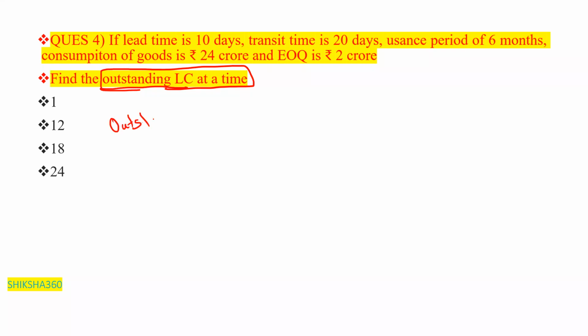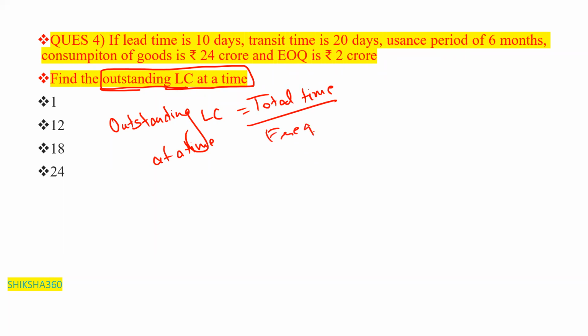Outstanding LC at a time is equal to the total time upon frequency of the LC. Total time here is 7 months, upon frequency of the LC, which is 1. So 7 is the answer.